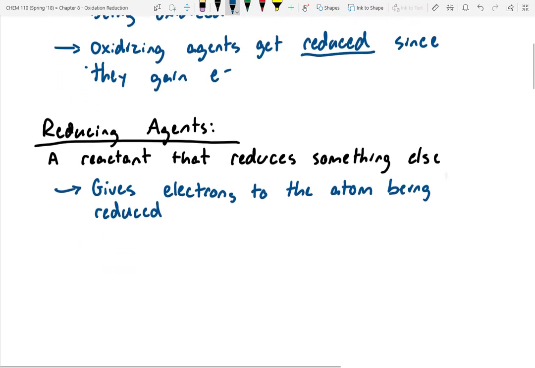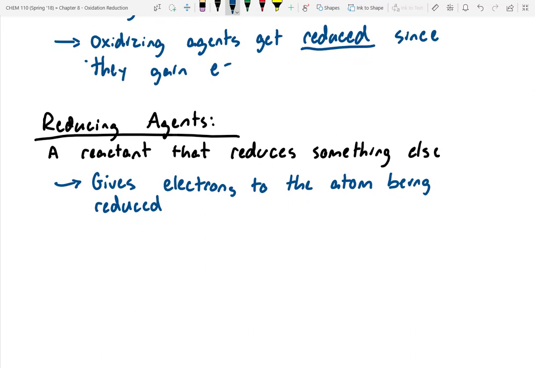And just like we saw with oxidizing agents, the opposite is true. So a reducing agent actually gets oxidized during the reaction, because it's losing electrons and giving them to something else. Does that make sense? It's a little bit confusing.